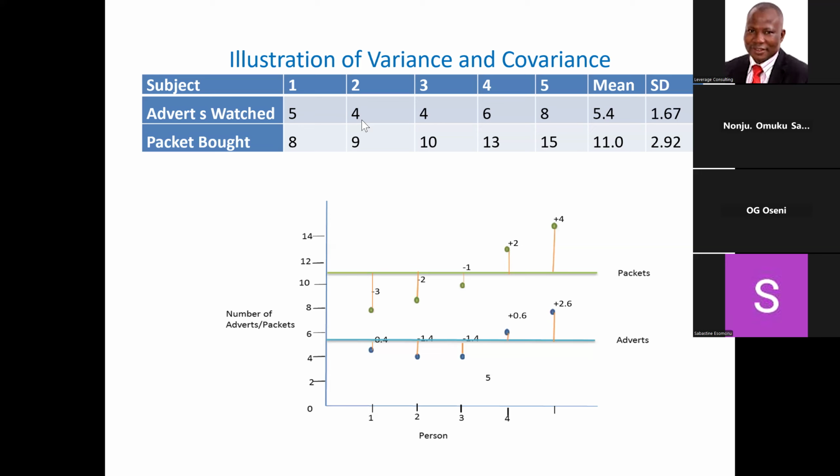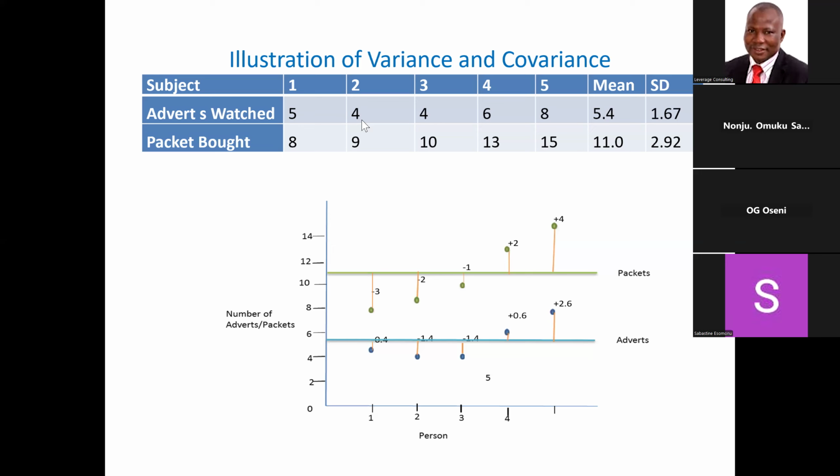So what is the distance of each value from the mean? Look at it. The first person watched 5, and the mean is 5.4, so the value is 0.4 below the mean. That's why you see that dot. The distance between it and the mean is 0.4.